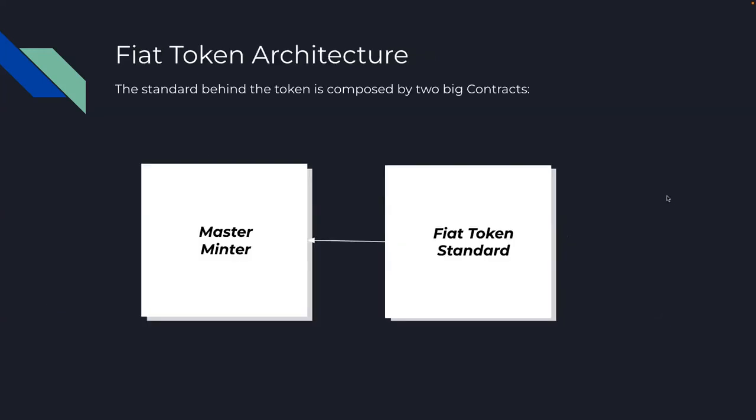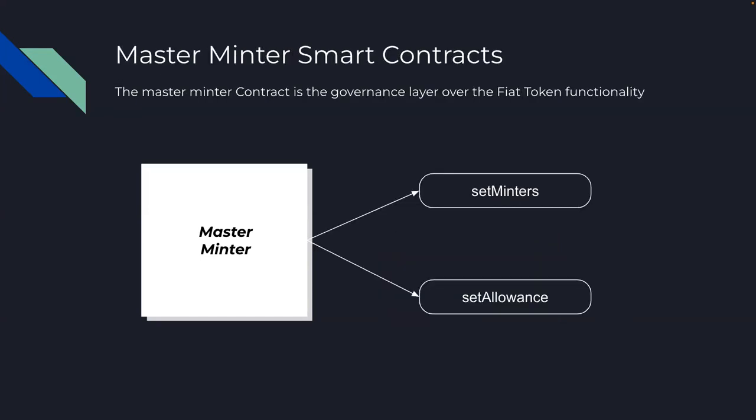Let's see how the Fiat Token Standard architecture works. The Fiat Token architecture is composed of two main smart contracts: the first is the master minter, and the second is the Fiat Token Standard itself. The master minter has 2 basic functions.